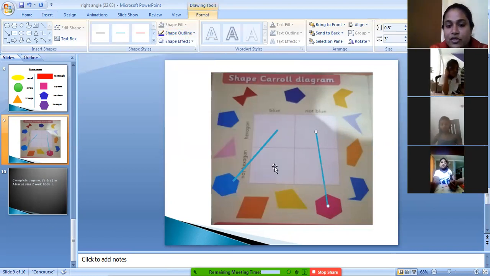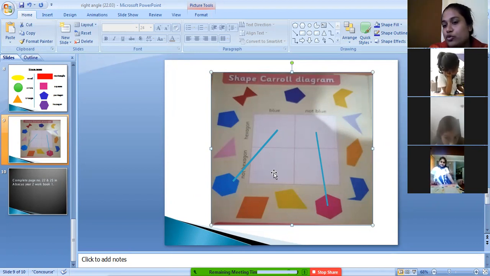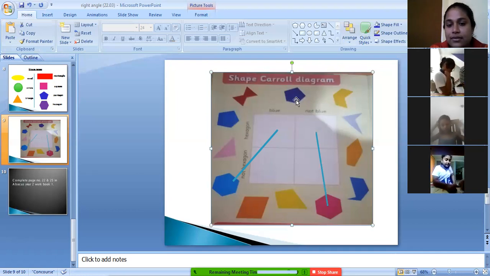Now likewise, you should match the second line. It should not be a hexagon, but it should be blue. How many blue color shapes are there other than hexagon? 1, 2, 3, 4.